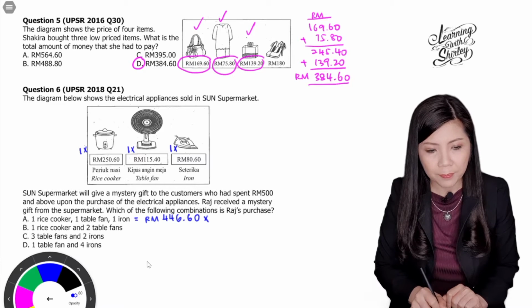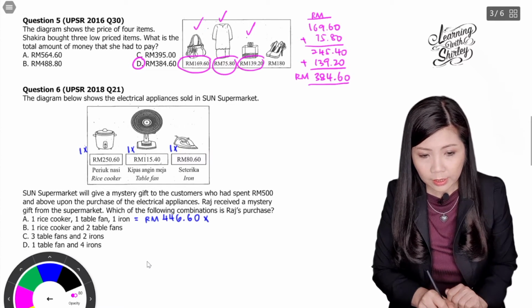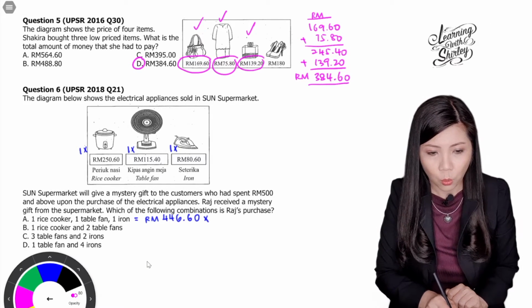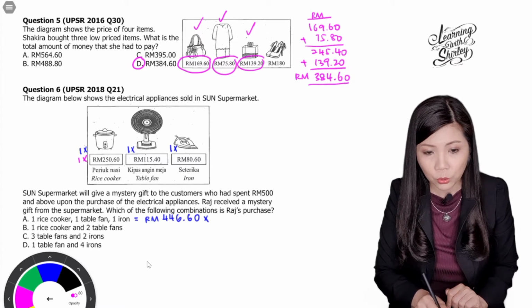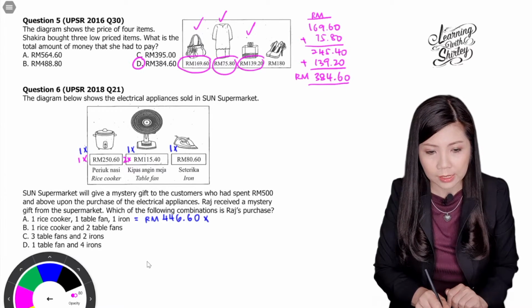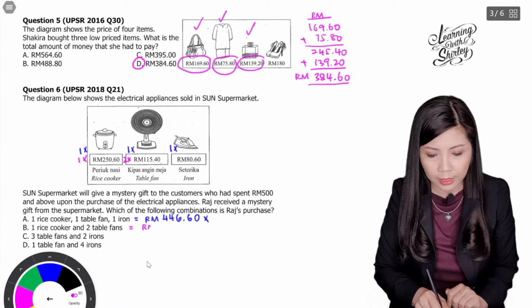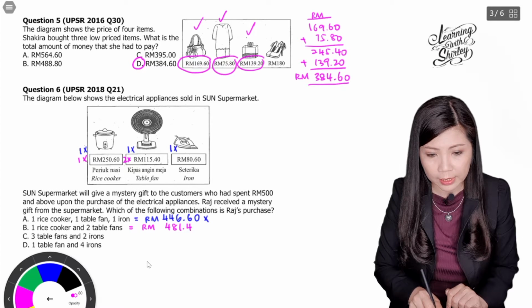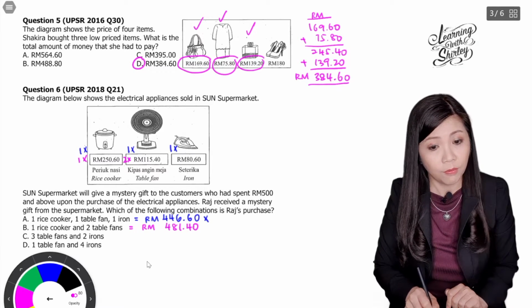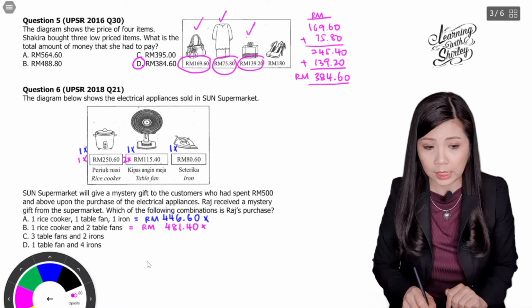Let's try B. So 1 rice cooker and 2 table fans. So 1 times 250 ringgit 60 cents, plus 2 table fans, 2 times 115 ringgit and 40 cents, and we'll get the total is 481 ringgit and 40 cents. So this is also less than 500 ringgit, so it's not the answer.